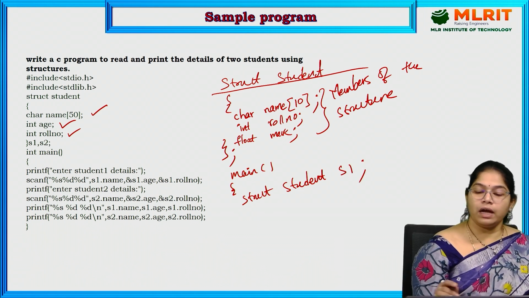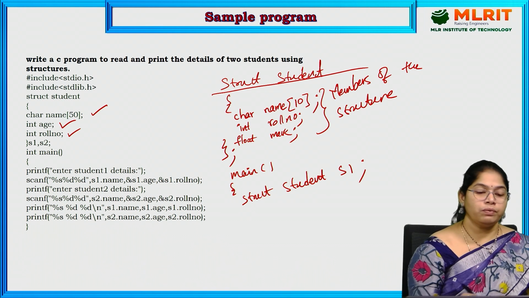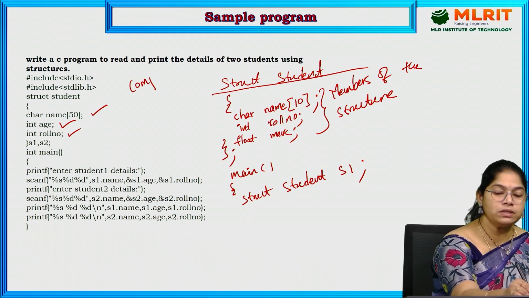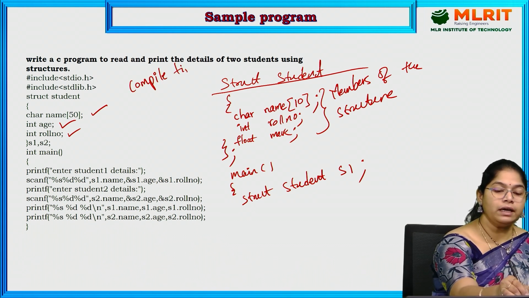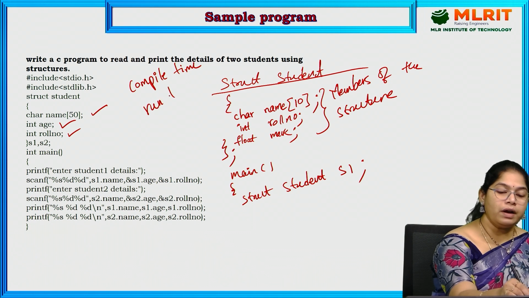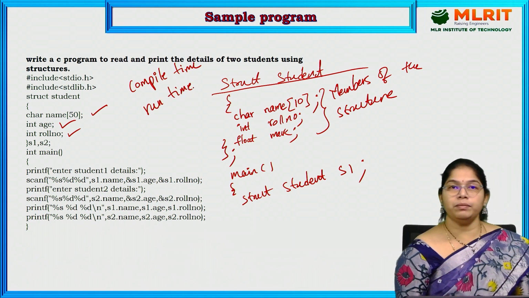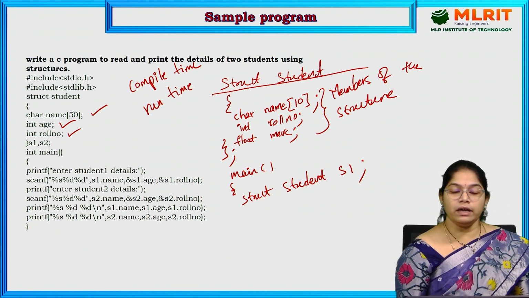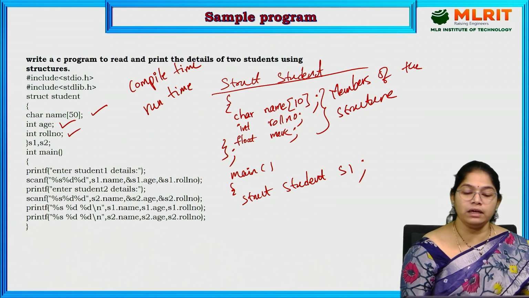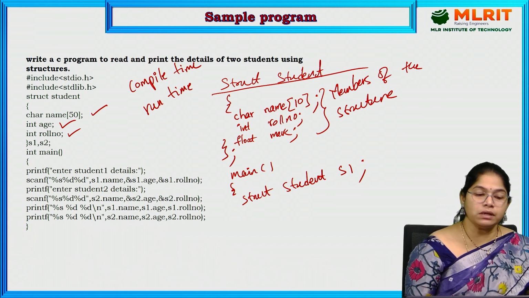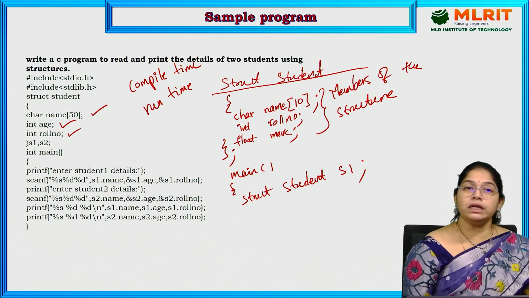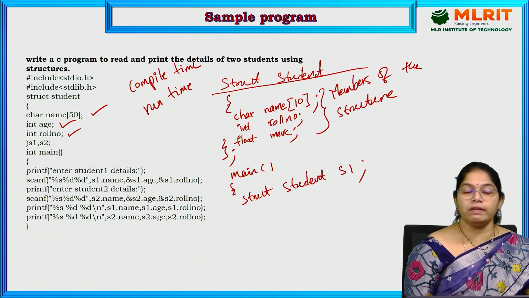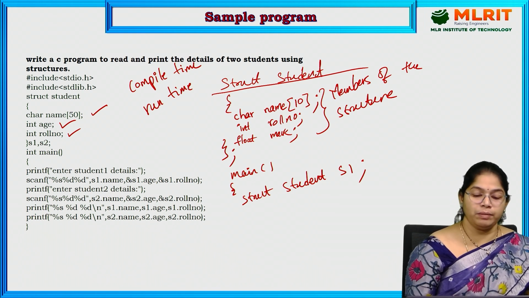Now here I am initializing the values. We have two types of initialization, compile time or runtime. Compile time means whenever we are writing the source code, there we provide the values. Then it becomes compile time. Otherwise, when at the time of execution we provide the values, it is called runtime initialization.